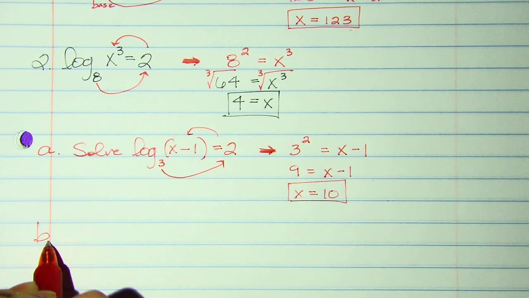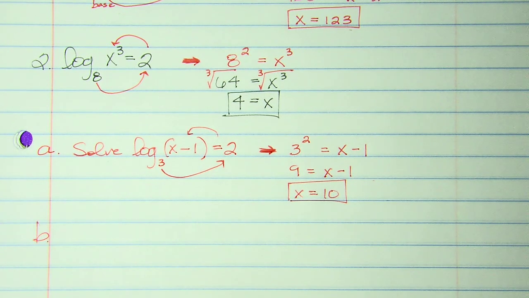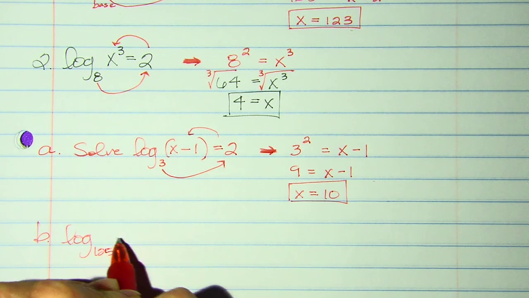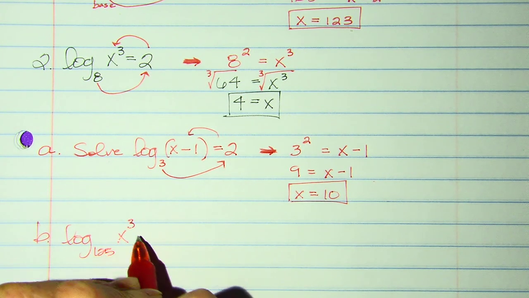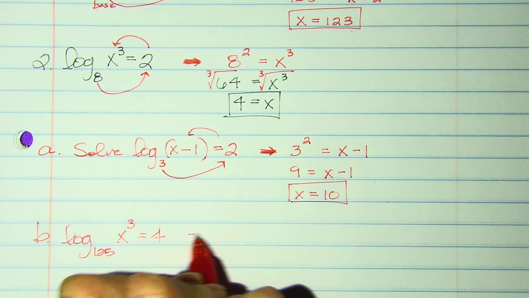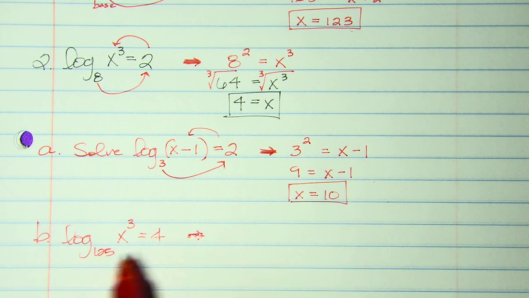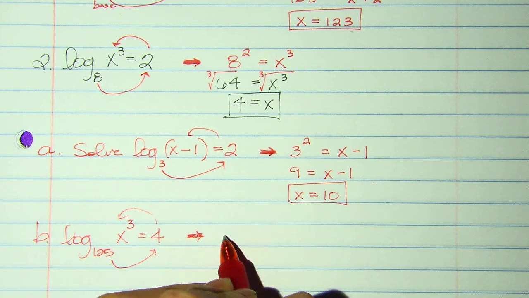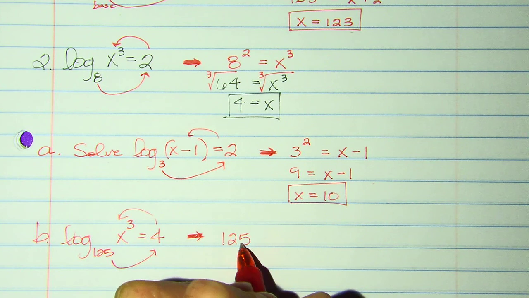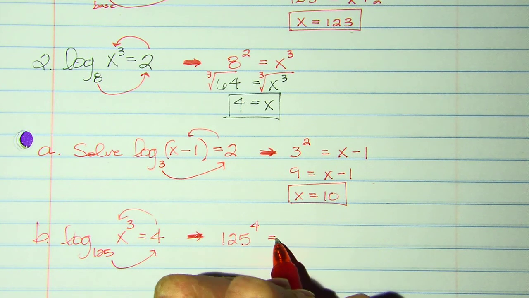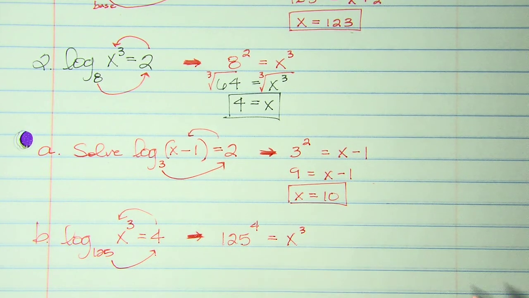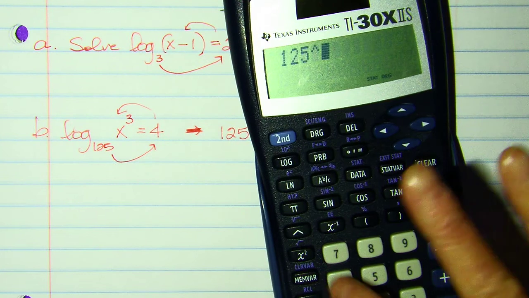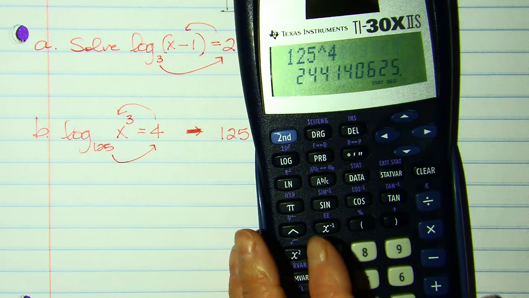Part B: log base 125 of x cubed equals 4. So let's rewrite this: base, exponent, answer. My base is 125, the exponent equals my answer. So I'm going to use my calculator: 125 to the 4th, I have to look that up. It's a very, very large number.